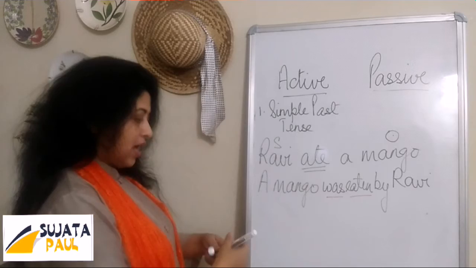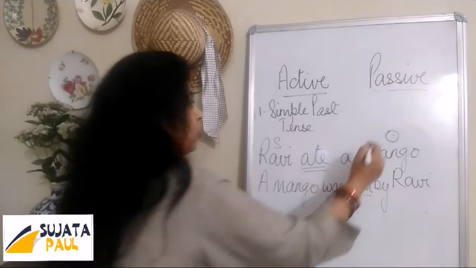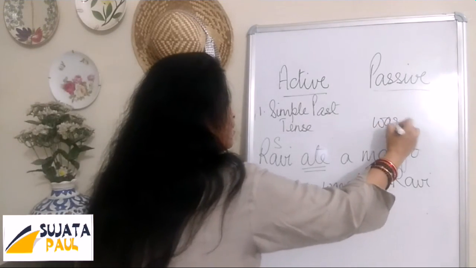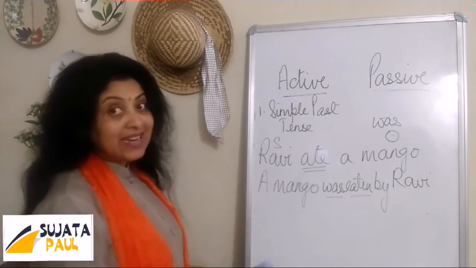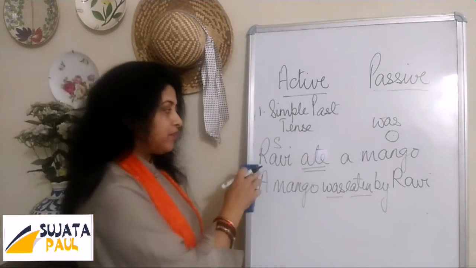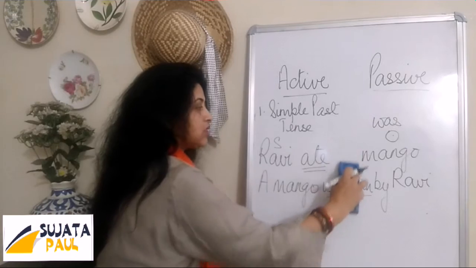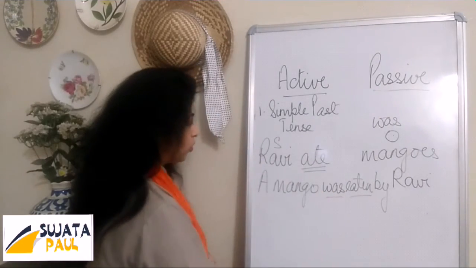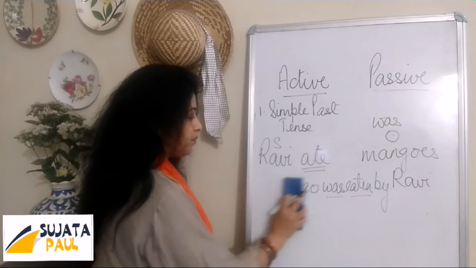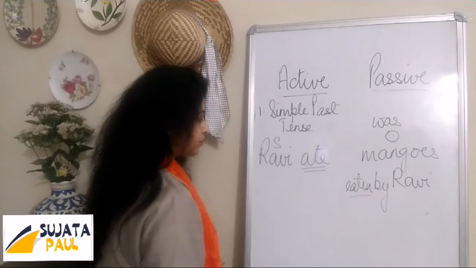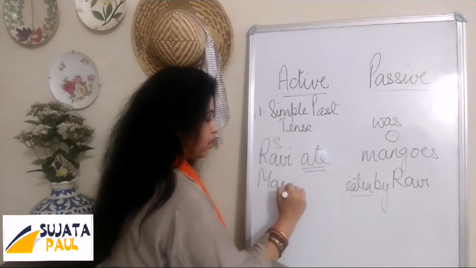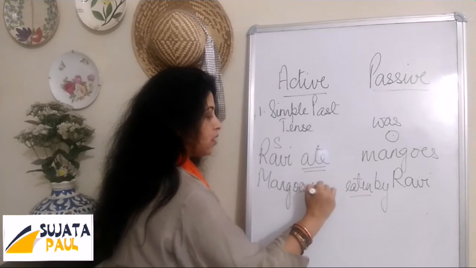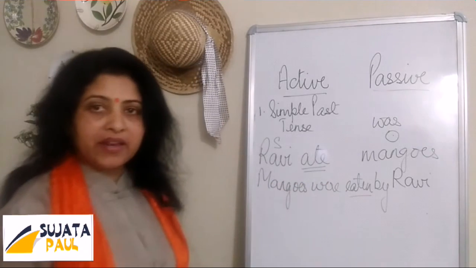So this means I am writing over here was, and I'm giving you a second example. This is one. Supposing this was mangoes. Ravi ate mangoes. So this will become mangoes were eaten by Ravi.